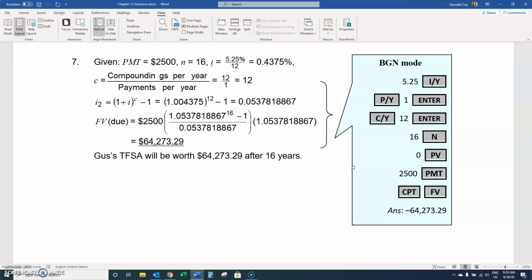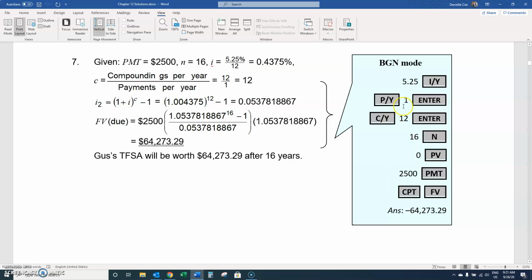You hit second, set, which is above the enter button, and then it switches to BGN. Now you say second, quit. When you do that, you should see the BGN up at the top of your screen. That's how you know. Then you just do the exact same steps, enter this in as you normally would, and get your answer. Again, it's just a point of picking up on the fact that it's an annuity due, and remembering to change your calculator.